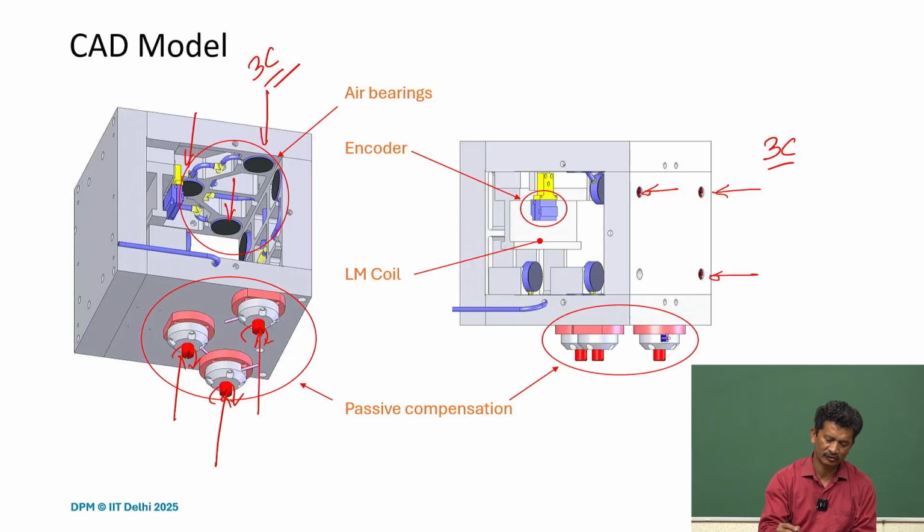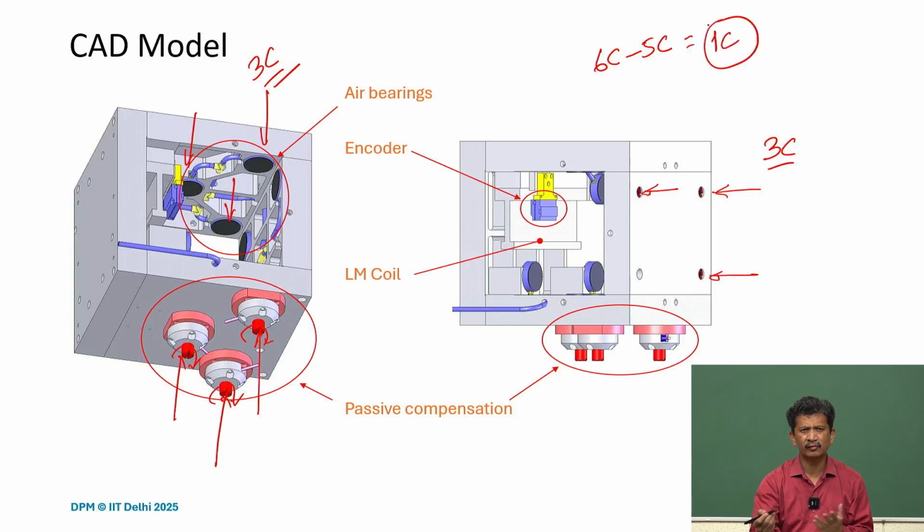So 3 plus 3, so 6 constraints total, but you want to only move in one direction. So what is required is 5C. So one constraint is extra, it's over constraint.